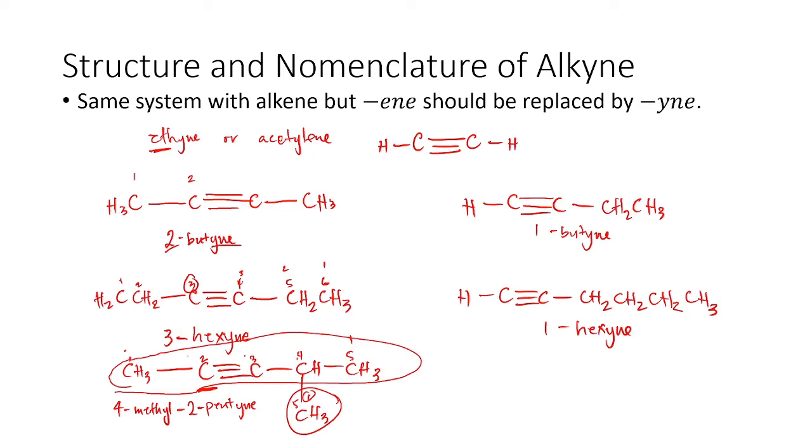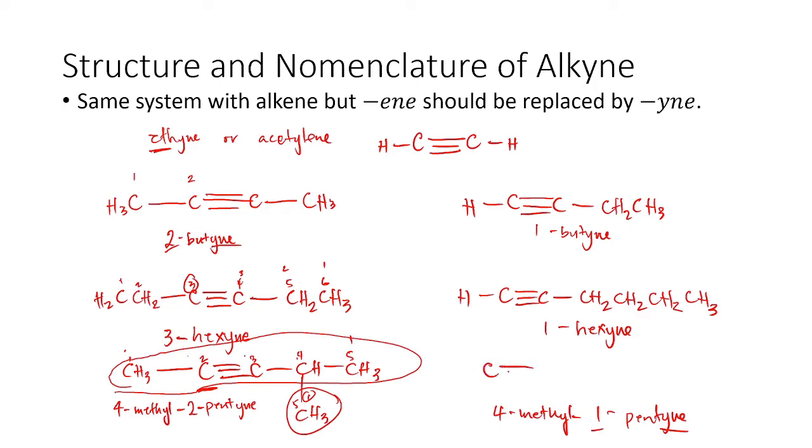And how about 4-methyl-1-pentyne? For this one, since we have here 1-pentyne, it means that our triple bond is located at our first carbon. So same concept.